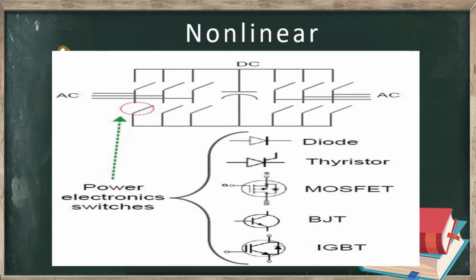Next, the non-linear load. The non-linear load consists of power electronic switches, which are diode, thyristor, MOSFET, BJT and IGBT. These types of switches will make a lot of harmonics, such as the 3rd, 5th, 7th and many more.